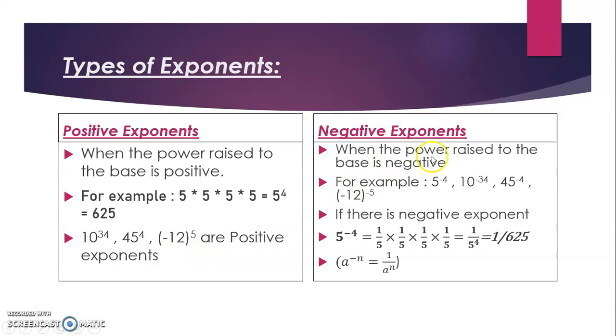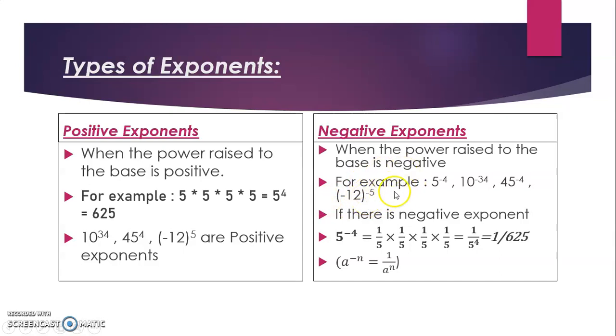When the power raised to the base is negative, it is called a negative exponent. For example, 5 raised to the power minus 4. Here the power or the exponent is the negative number, minus 4. You can see other examples: 10 raised to the power minus 34, 45 raised to the power minus 4, and minus 12 raised to the power minus 5.